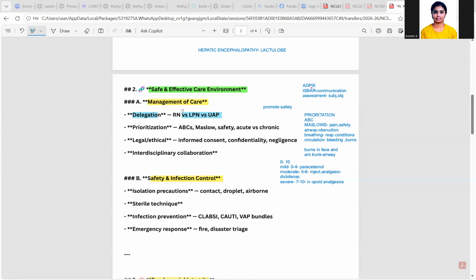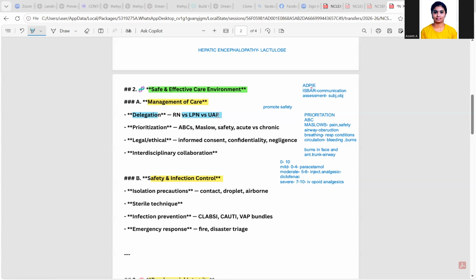But mostly, if it is bleeding, or if the client says she is frequently changing the pad, it should be checked by the RN. That means we need to verify the assessment. If any complication is suspected, in such a scenario it is not the LPN. The LPN is not that qualified to identify complications. They can do the routine.